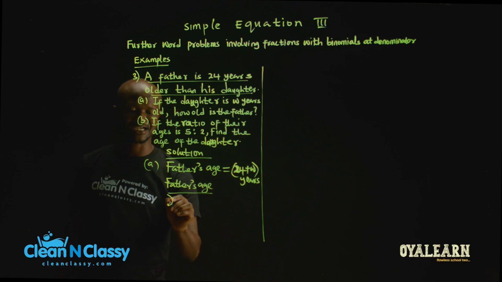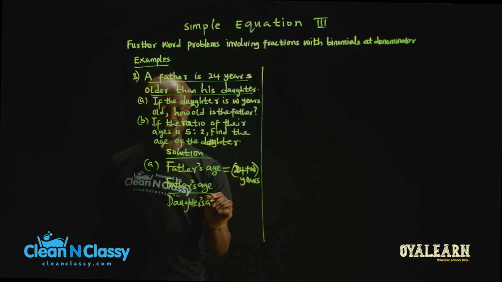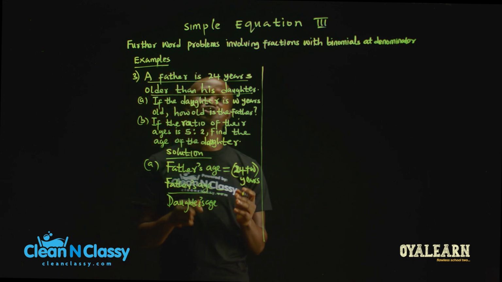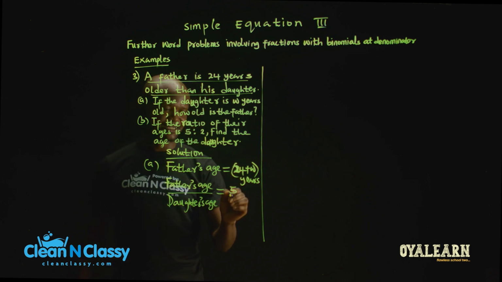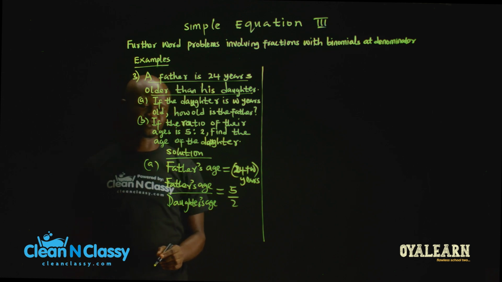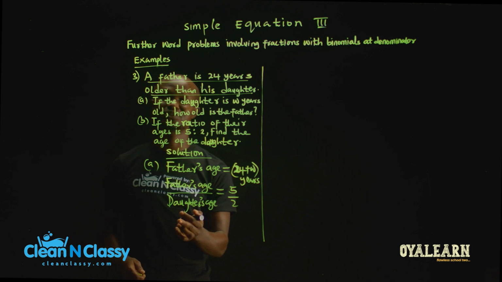divided by daughter's age equals what? 5:2. You can write it as 5/2, so this is 5 divided by 2. This 5 is for the father, while this 2 is for the daughter.